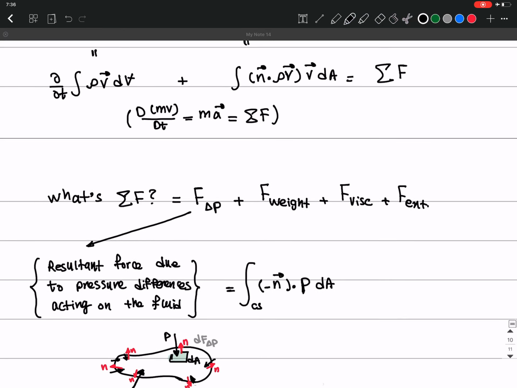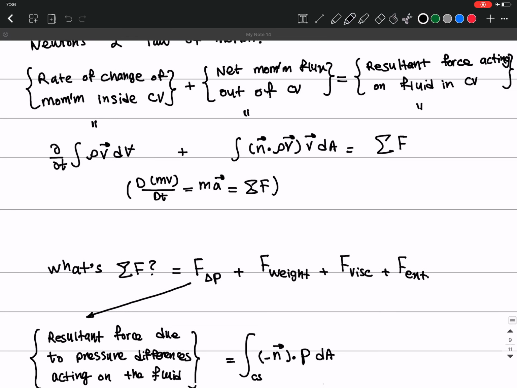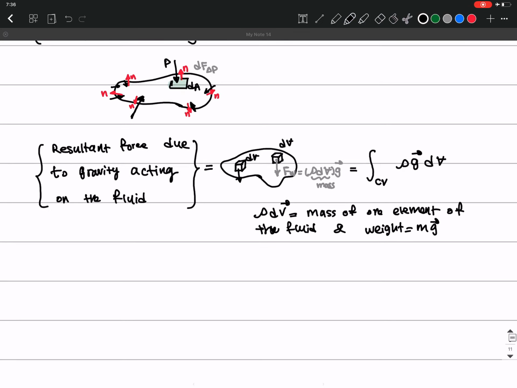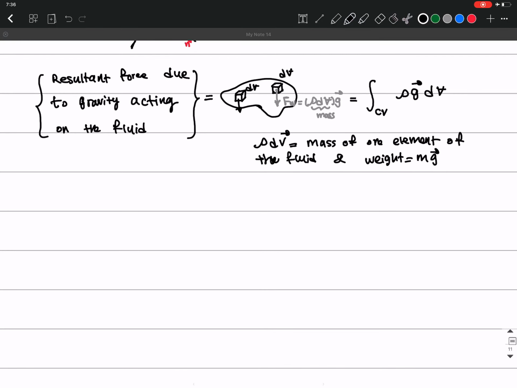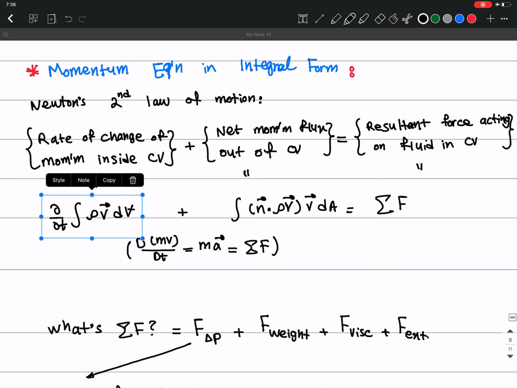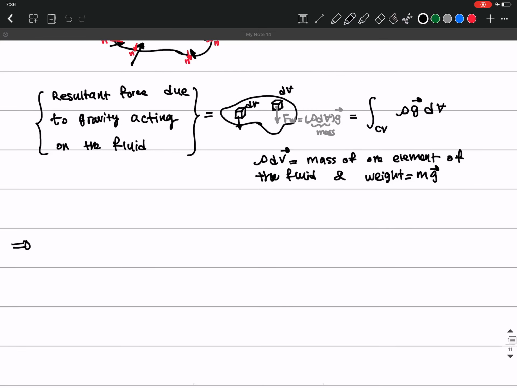And now I want to write the whole momentum equation in integral form using these two forces that we defined. So it's just going to be as follows. First we have this term, which is the rate of change of momentum inside the CV. I'm just going to copy it here.